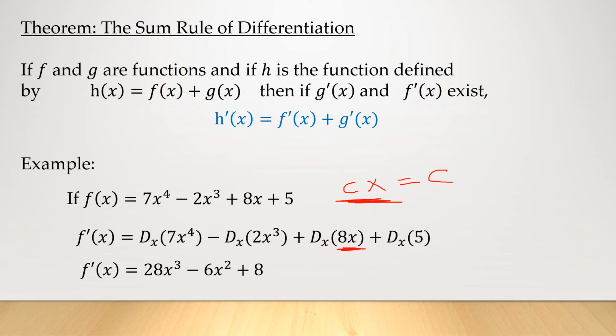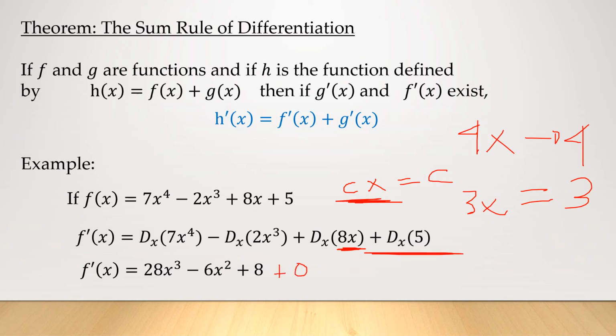This is only if the given is a constant with x. Example is 8x. So, let's say another example, 4x. So, ang derivative niya ay 4. 3x, ang derivative niya ay 3. So, that is a shortcut. And then, the derivative of a constant is 0. Kaya, hindi na natin nilagay dito because it's automatic na we can remove it, diba? So, this is our final answer for the derivative of this given function.